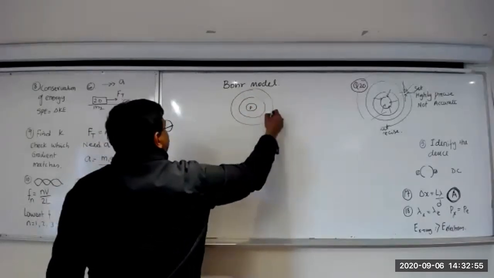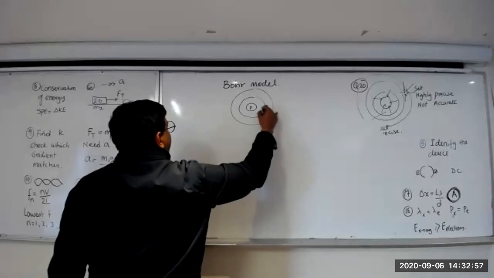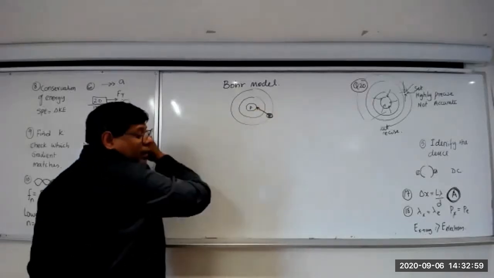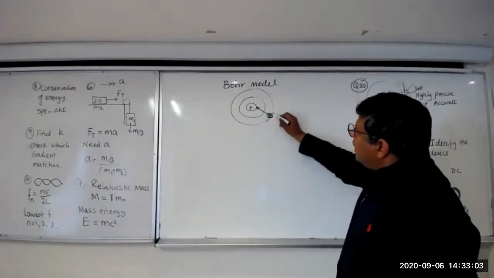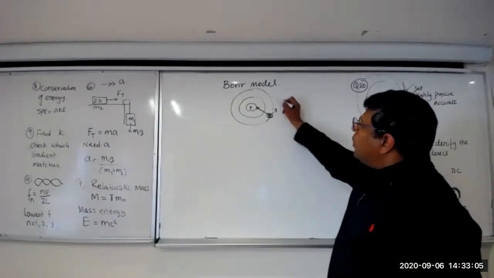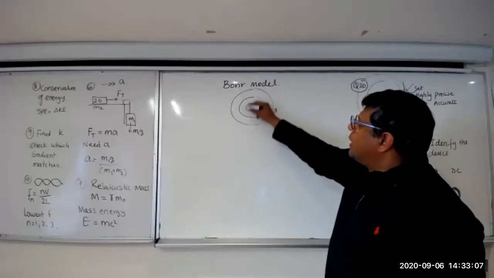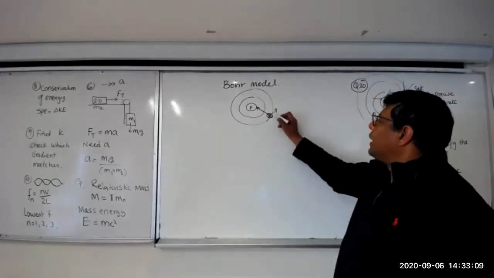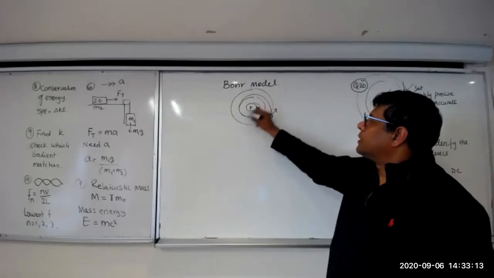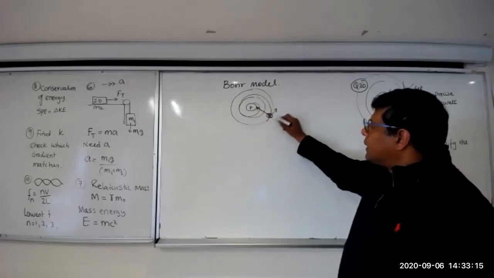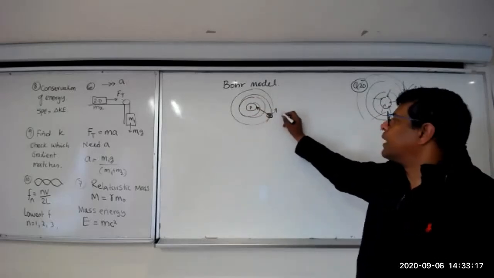There was a discrepancy in his model: it could not explain well how the electron can survive without collapsing into the nucleus, because they knew that an accelerating electron should lose energy.